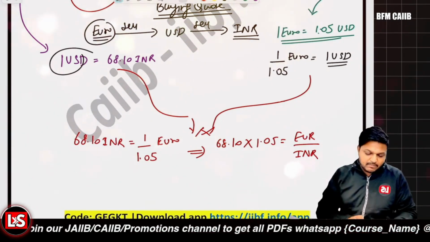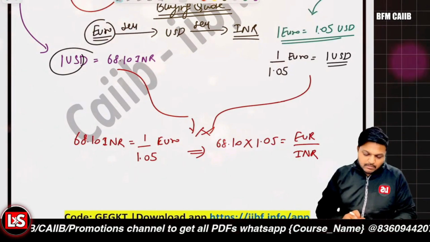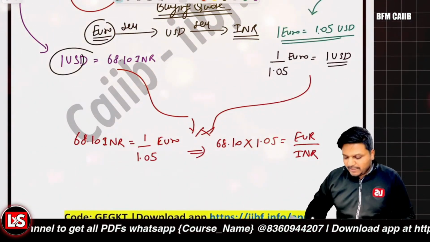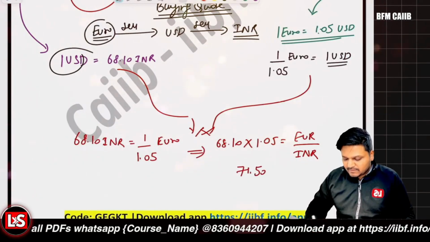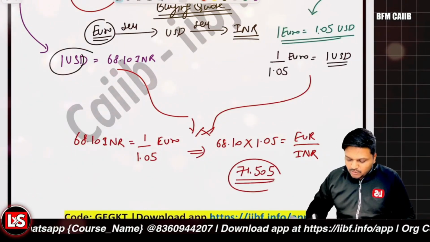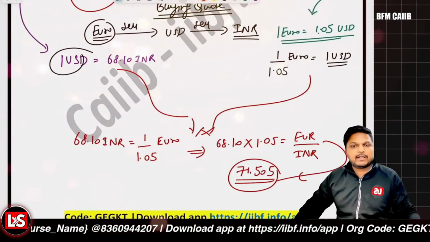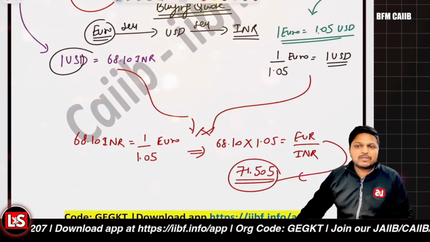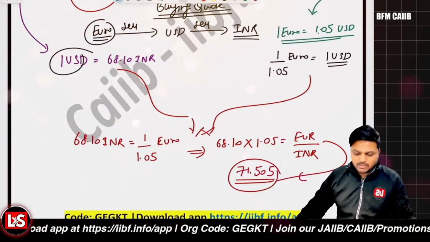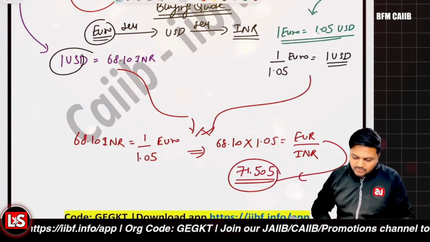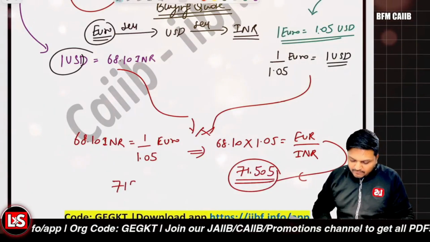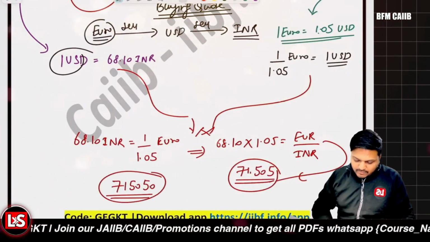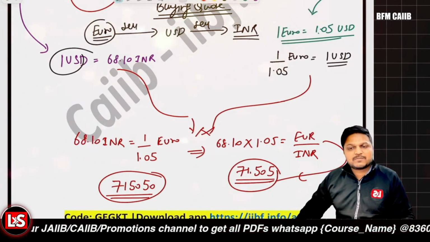It is quite simple. 68.1 multiplied by 1.05 is 71.505. This is the euro to INR rate that you have calculated. And how much amount will be given to the exporter? Just multiply it with 10,000. So it is 715050. This amount will be given to the exporter.